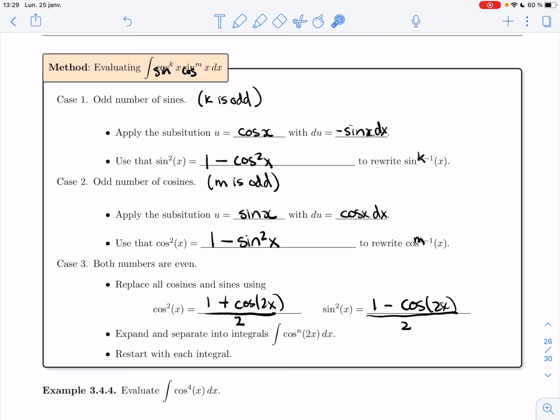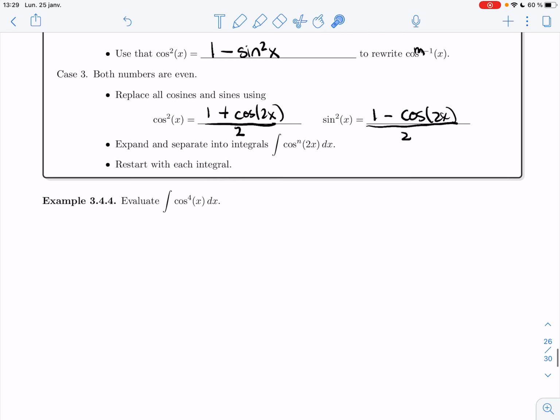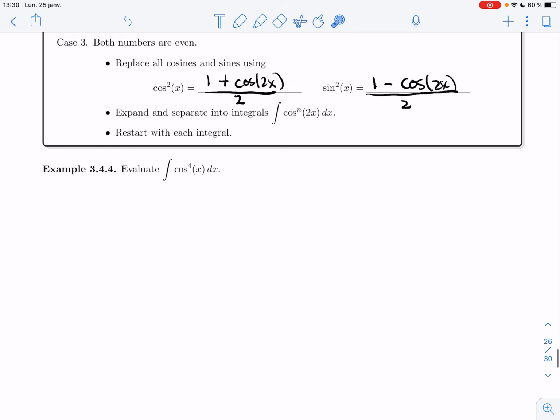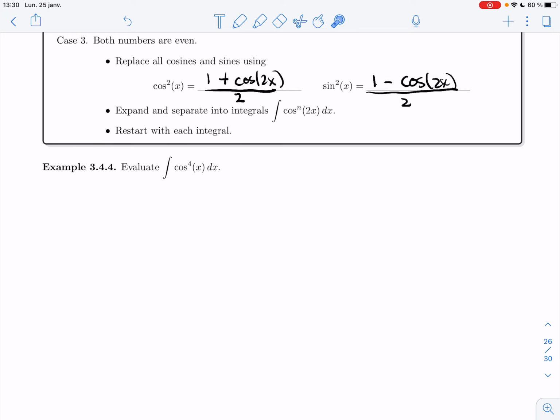All right, so let me show you on a harder example what case 3 will look like, because it's more involved, and the higher the power, the more complicated it becomes. So let's try it with cosine to the 4. Cosine to the 4 is cos squared of x, squared.